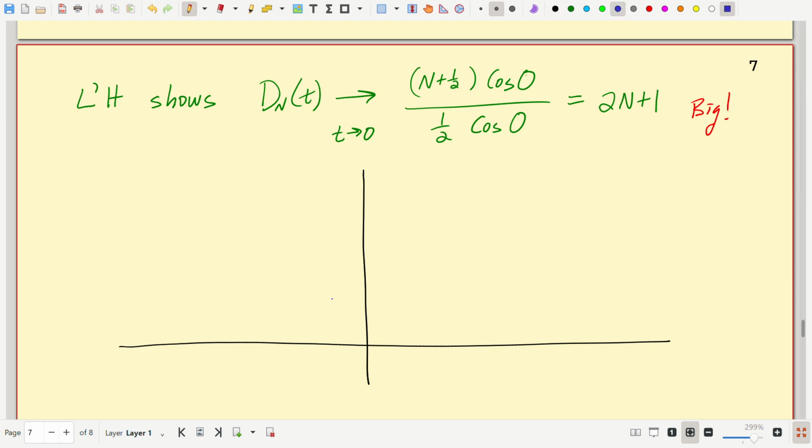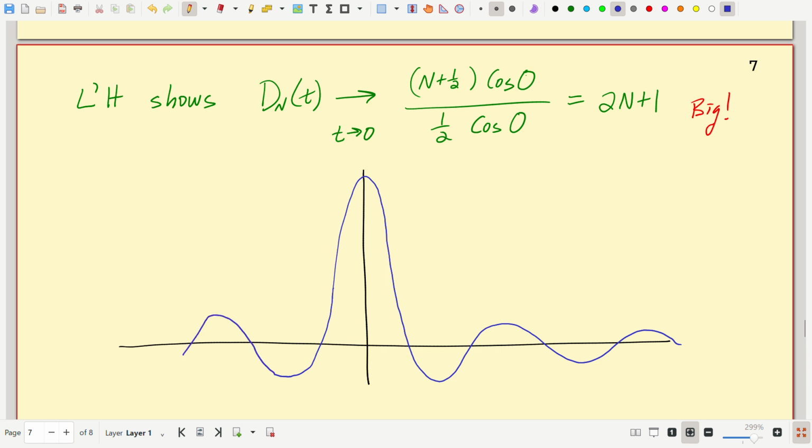It's really big. And the next humps are smaller, smaller, smaller, like that. And it's symmetric about the origin. Like that. And this is a big thing, 2n plus 1.